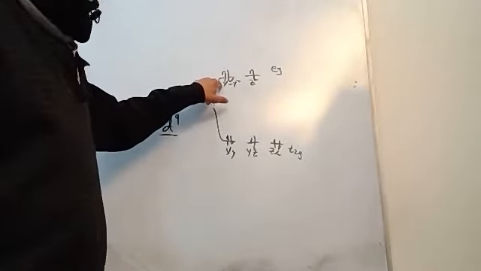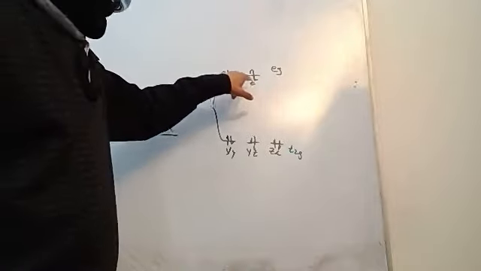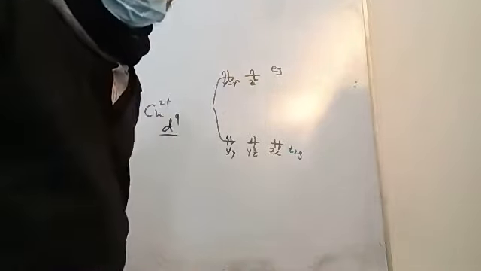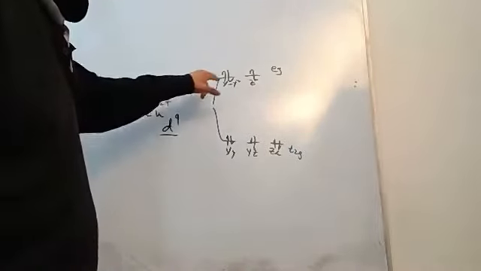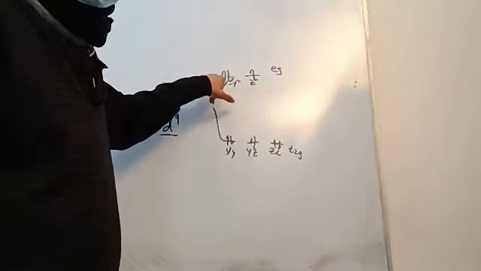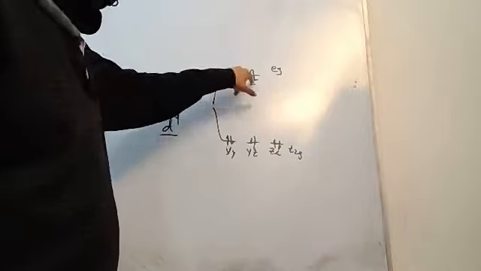You can have a pair of electrons in x squared minus y squared, or you may have a pair of electrons in the dz squared, because these two have the same energy. What the Jahn-Teller distortion theorem tells us is that if your ground state electronic configuration is degenerate, then you don't have a choice to place the electrons here or there.